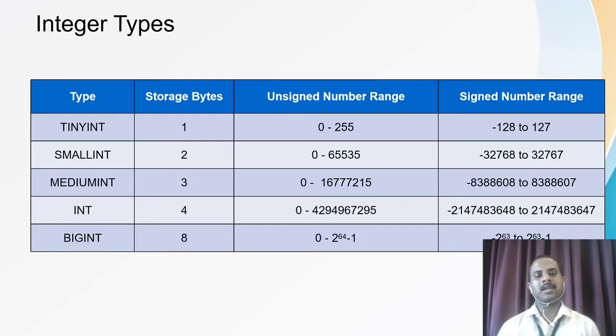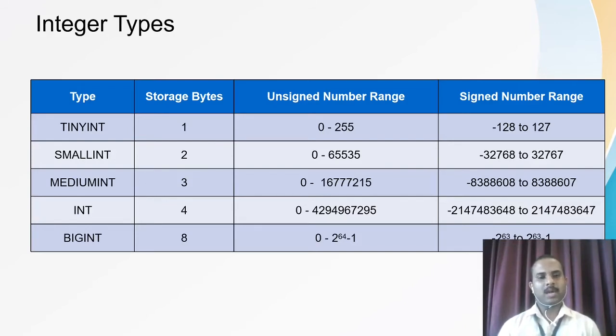In the same manner, integer is 4 bytes, 32 bits. So minus 2 to the power 31 to 2 to the power 31 minus 1. Big int is 8 bytes, which is 64 bits. 1 less than 64 is 63, so minus 2 to the power 63 to 2 to the power 63 minus 1.